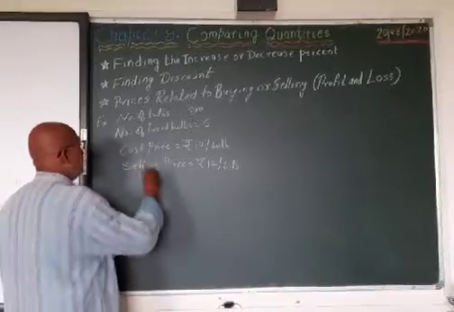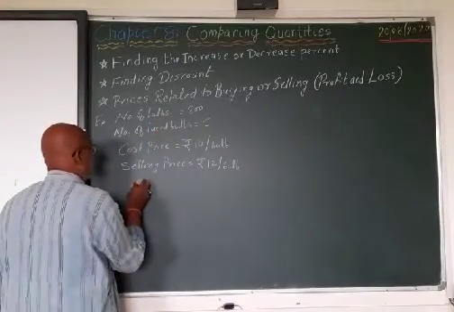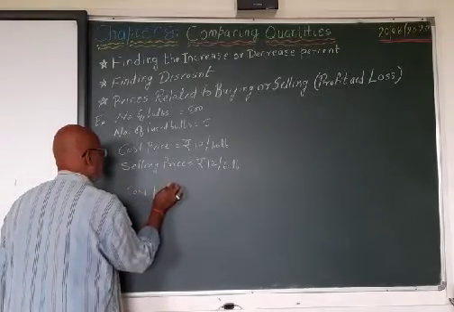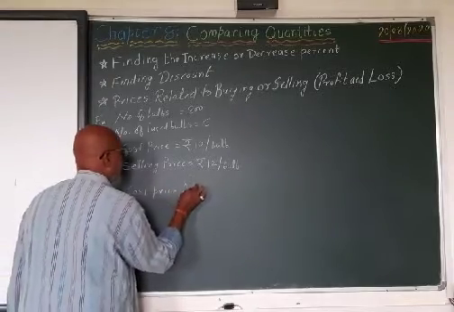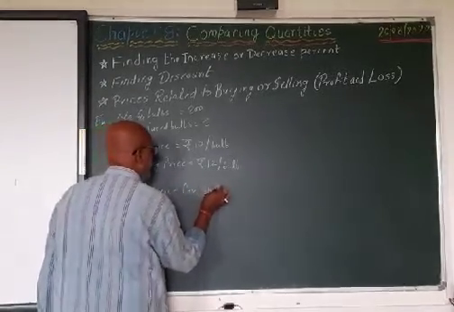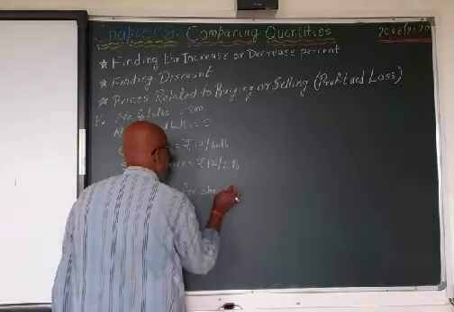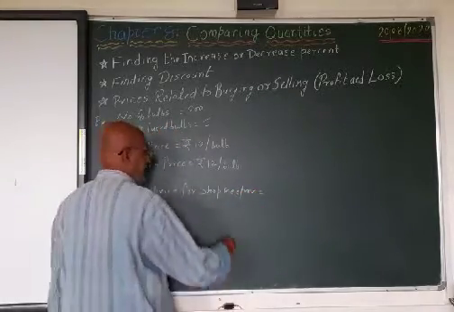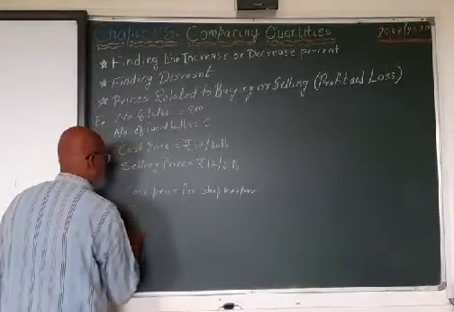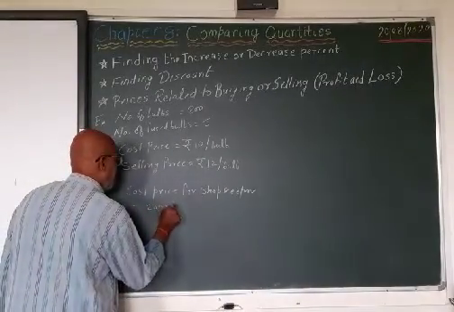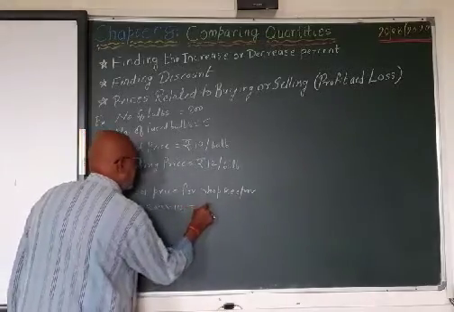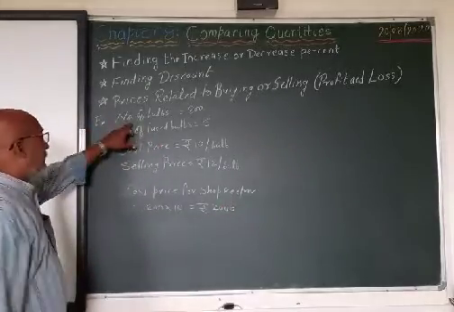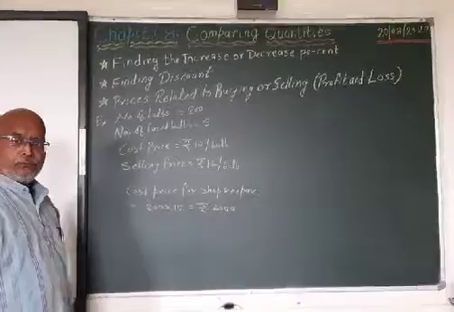So obviously the cost price for the shopkeeper equals 200 bulbs we bought multiplied by 10, equal to rupees 2000. So he purchased that lot of 200 bulbs for rupees 2000.